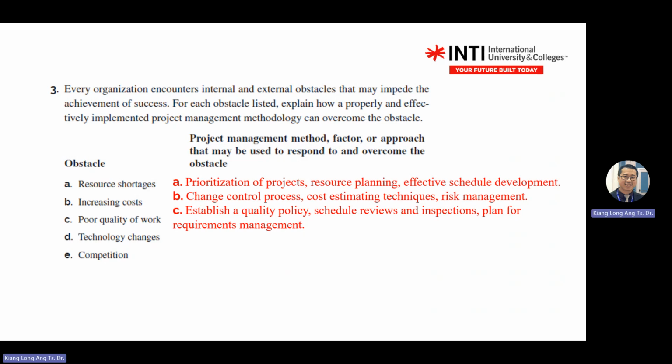You have a review and inspection. Then you set requirement management. These are the keywords when you deal with quality. When there's an issue on quality, you establish a policy, you establish a review and inspection, and requirement management.